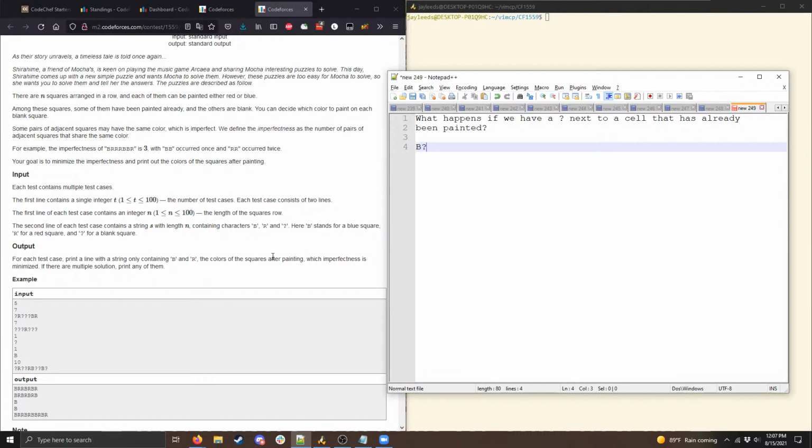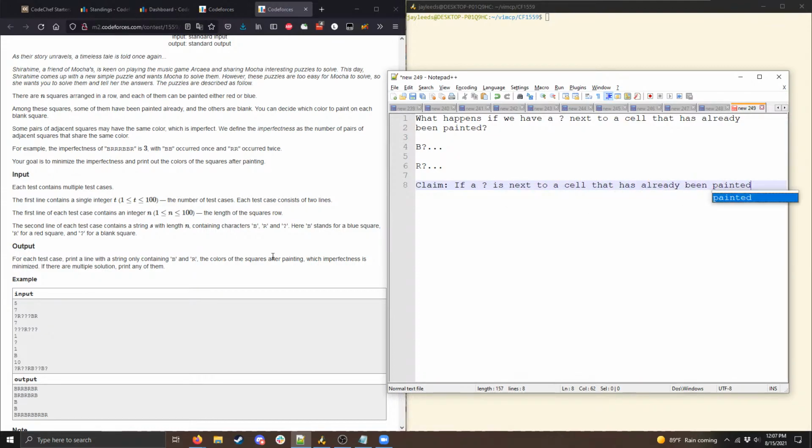So for example, what happens if we have B question mark and then some other stuff, or R question mark and then some other stuff? And then what I'm going to claim is that if a question mark is next to a cell that has already been painted, we should paint that question mark in the opposite color.